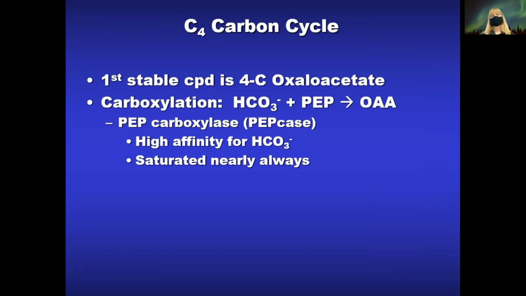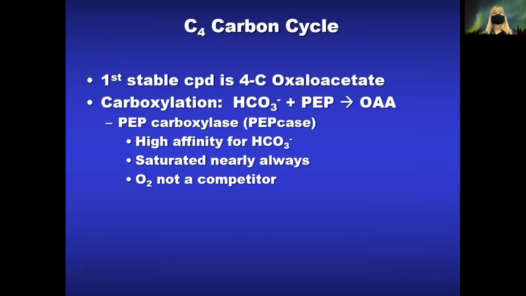Another way to say that is that its active site is saturated nearly all the time. And you can run the kinetics of it, really great kinetics in this reaction. So that's good. And oxygen is not a competitor. It only takes CO2 into its active site, and then reacts it with PEP. So that's great. When you have that carboxylation step with C4 plants, it's very efficient.